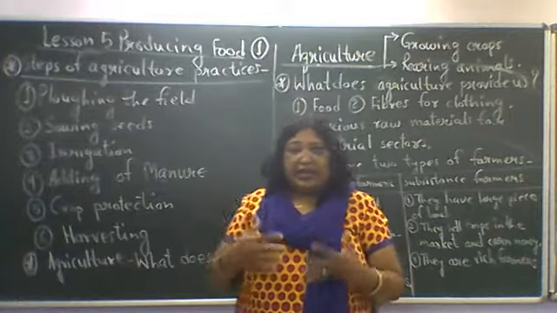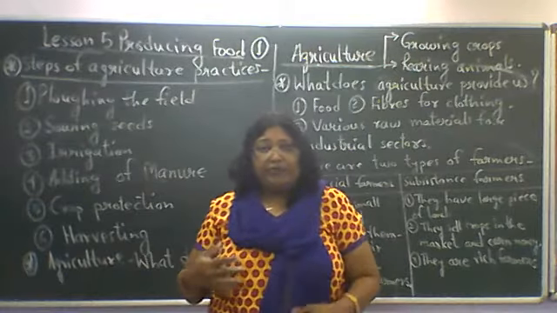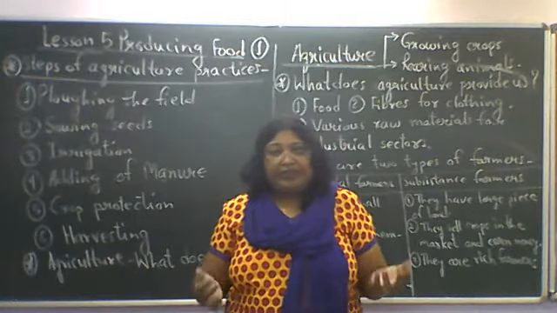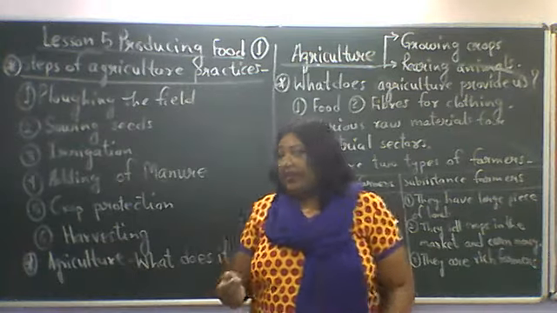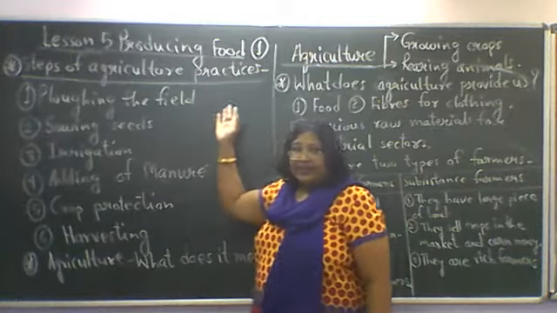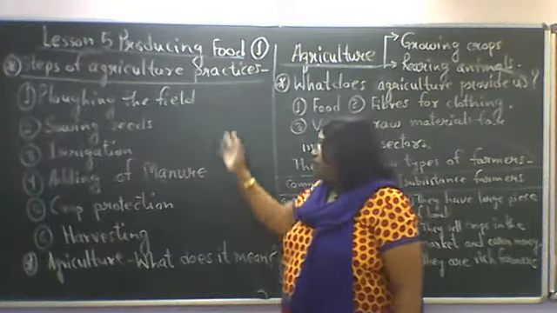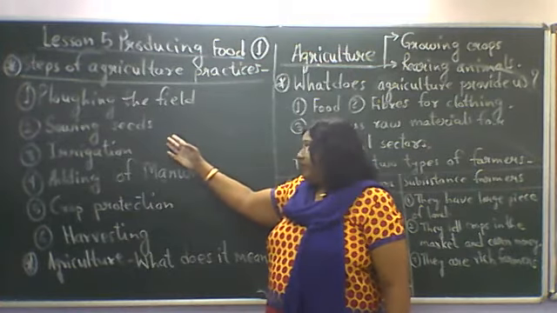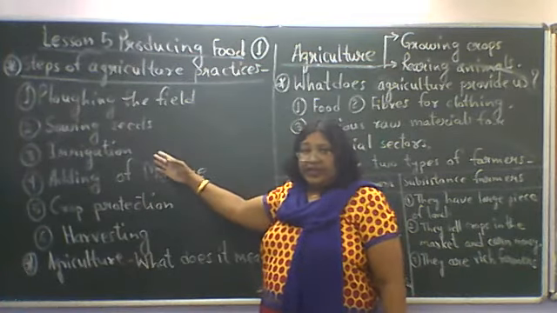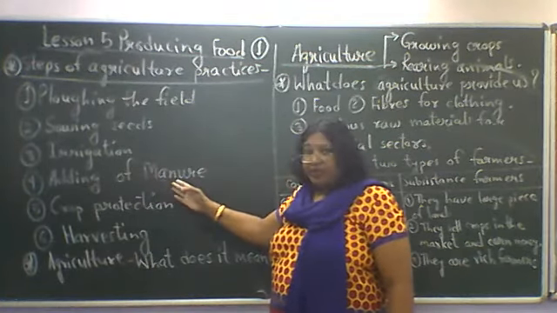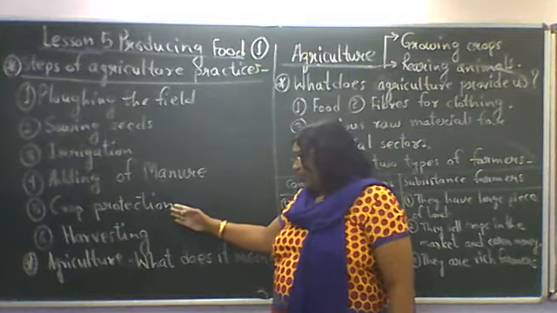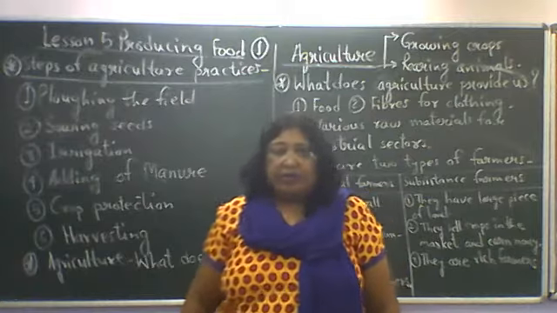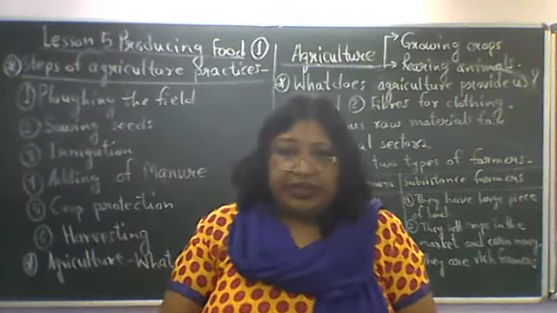Harvesting means cutting off the standing crop or cutting off the crop which is ready. So these are the 6 steps you must know: plowing of the field, sowing seed, irrigation, adding manure, crop protection, and harvesting.